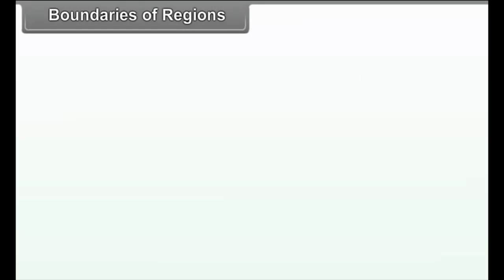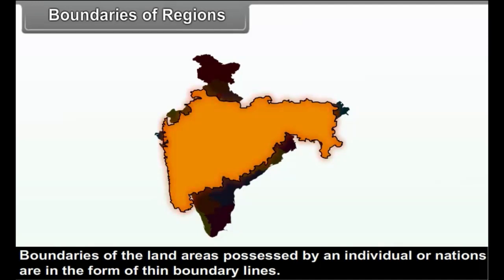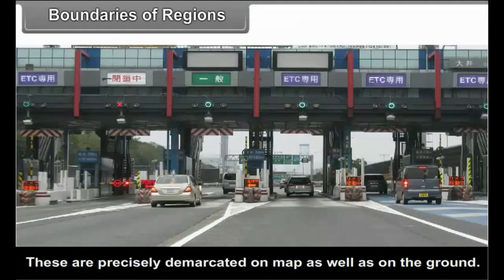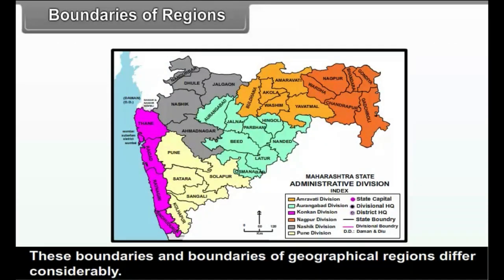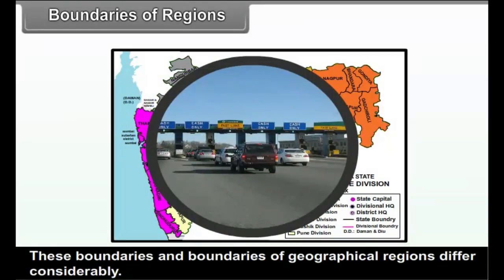Boundaries of regions. Boundaries of the land areas possessed by an individual or nations are in the form of thin boundary lines. These are precisely demarcated on the map as well as on the ground. These boundaries and boundaries of geographical regions differ considerably.